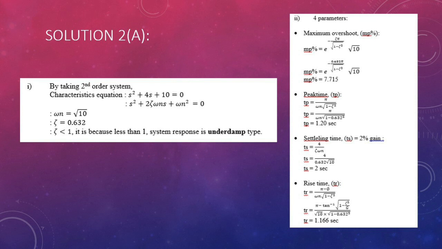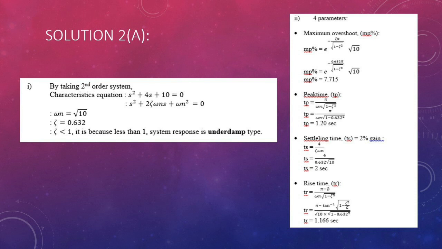In question Roman 2, they have given the assumption of K equals 1 and we have to estimate the 4 parameters of the transient response. The 4 parameters are maximum overshoot, peak time, settling time and rise time. All these parameters have their own formulas and we have to substitute the values from the previous equation given and from the characteristic equation as well.